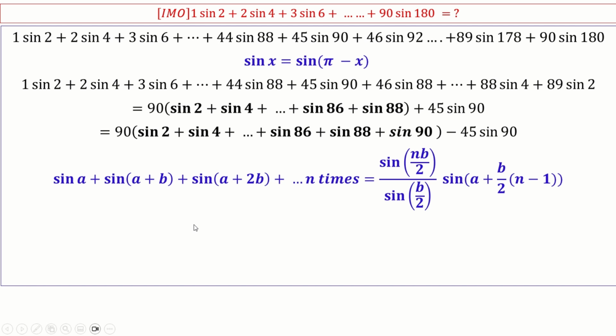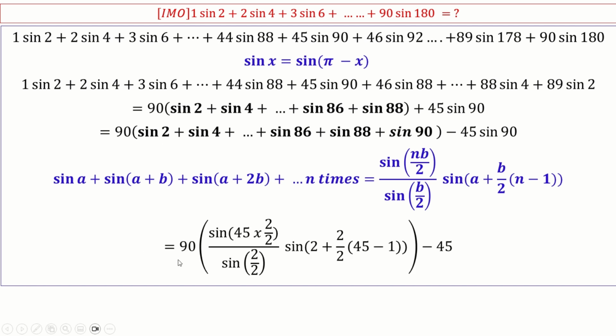Now you have to apply this one, which is equal to sine of 45 times sine of 45, because you will get here 45 plus 2 times. Total how many terms do you have? N terms are 45, because you are starting from 2 and going to 90, and they are basically all even angles.